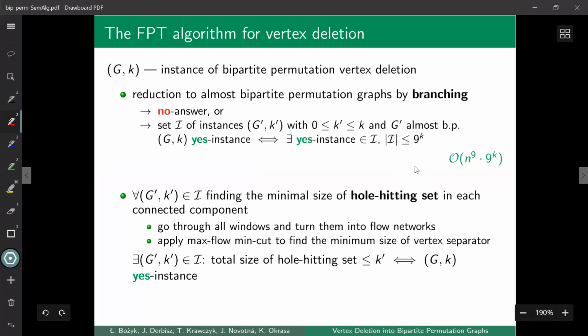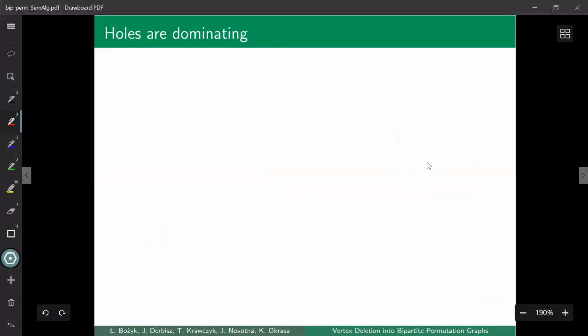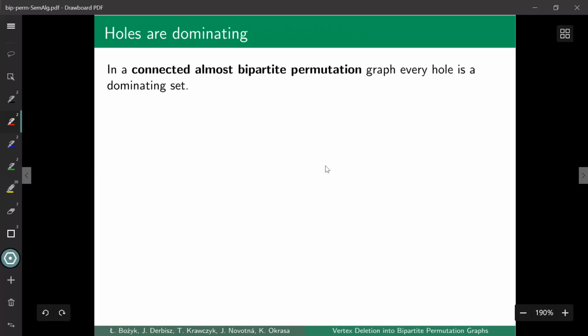So I promised to give you the flavor of how to use the forbidden structures to obtain results like ours. So let's have some proofs. I try to find the nice ones. So for example, why are all holes dominating in our graph? To be precise, let's have a connected almost bipartite permutation graph, which is not bipartite permutation.